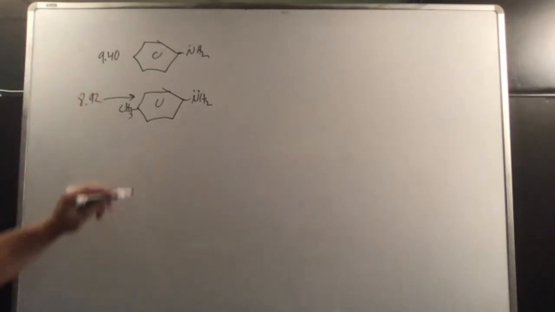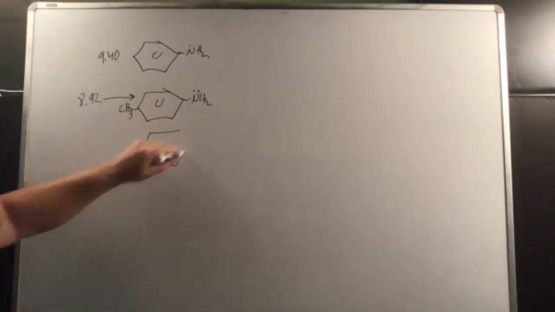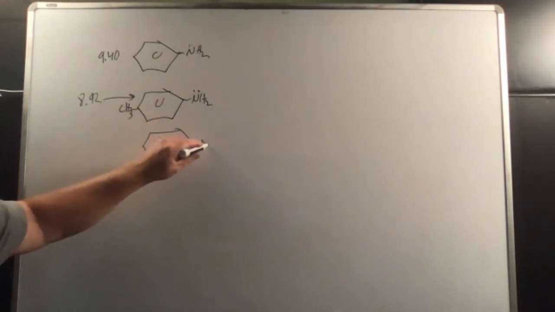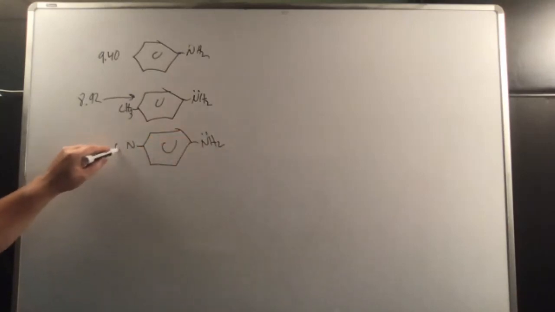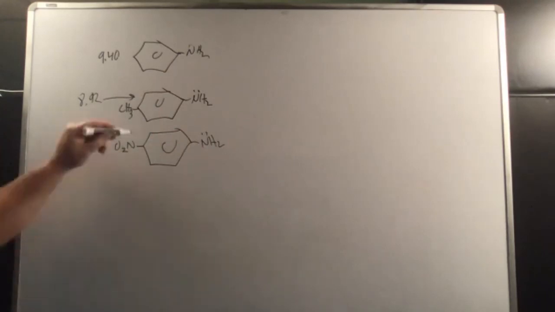Now, what about if I put an NO2 group on there instead of a methyl group? Notice that the NO2 group we learned whenever we were doing aromatics is an electron withdrawing group.